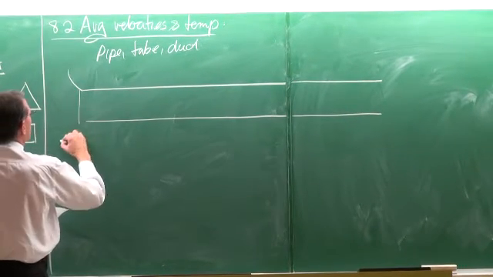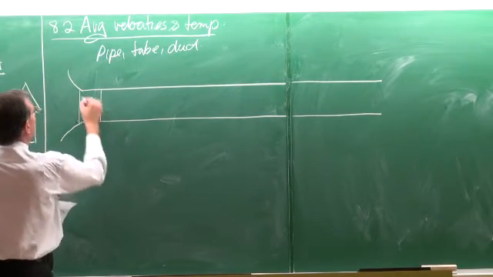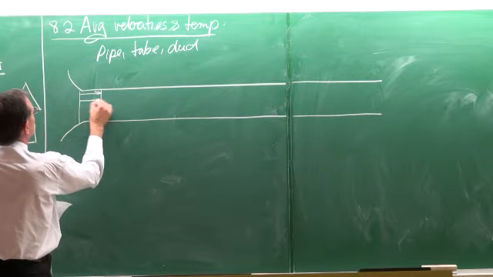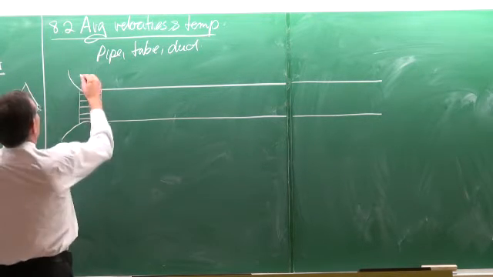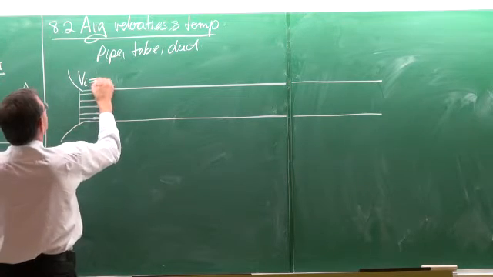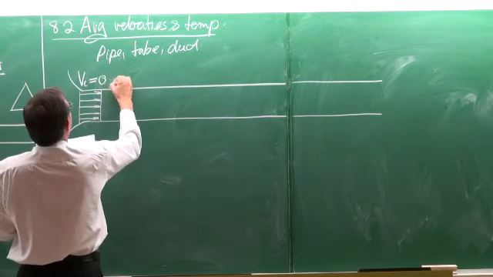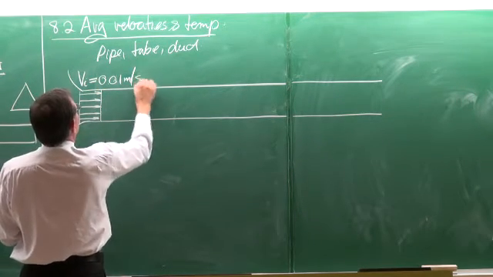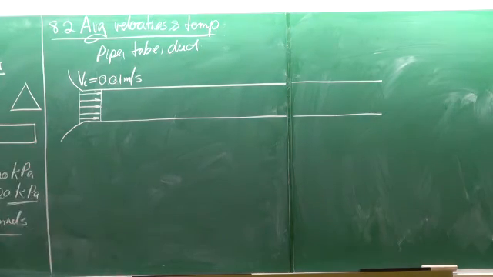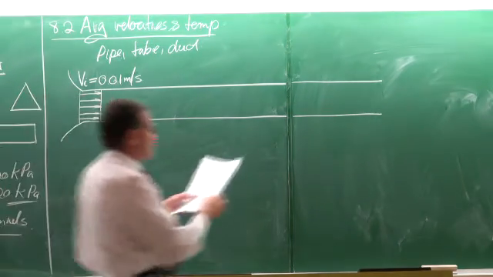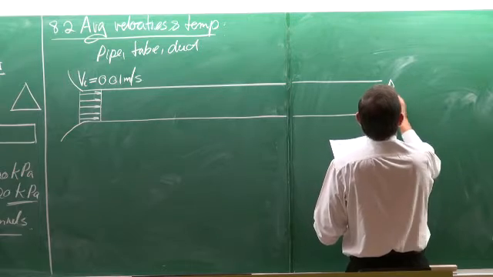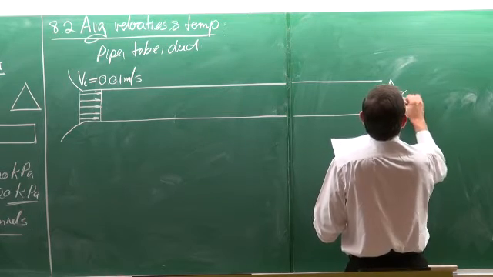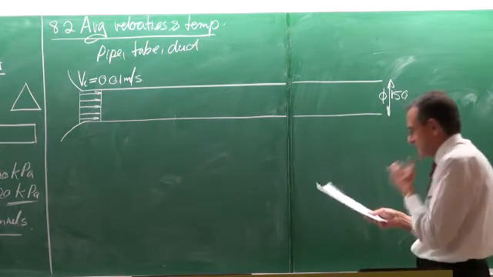And here at the inlet, that is the inlet velocity. And I'm going to choose a velocity of 0.01 meters per second. And the duct or tube diameter is 150 millimeters.